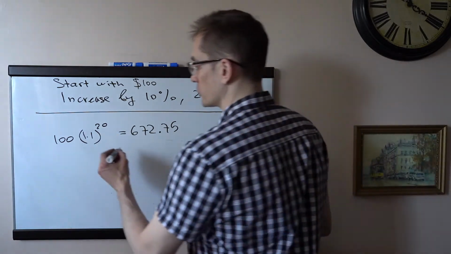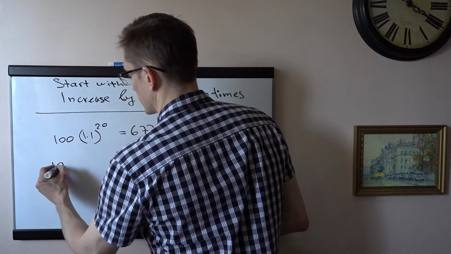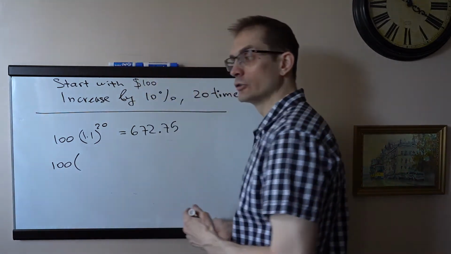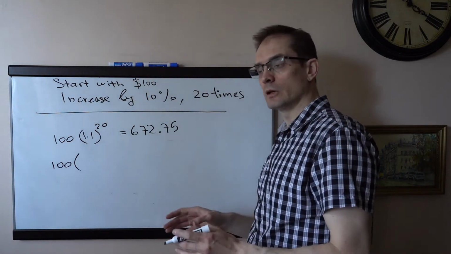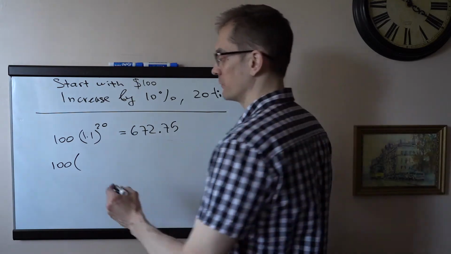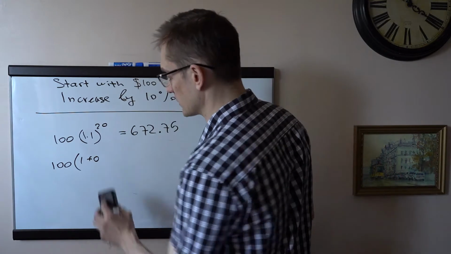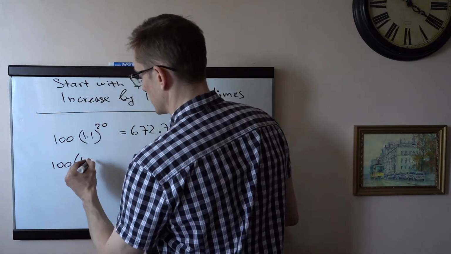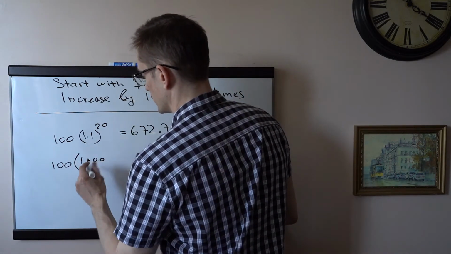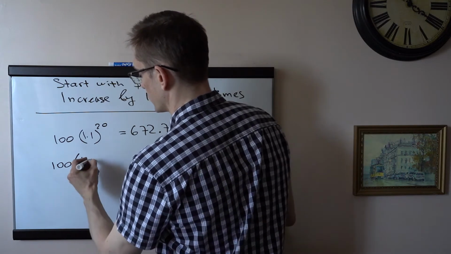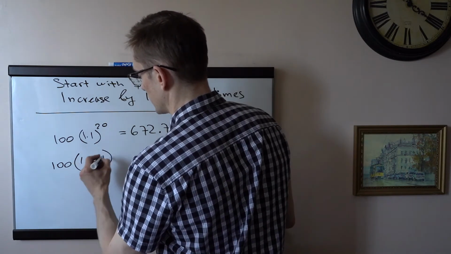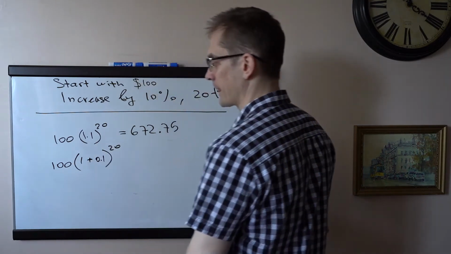Now, I just want to write this a little bit differently, something which I already began to explain before. You can write this as 1 plus 0.1, to the power 20, like this.